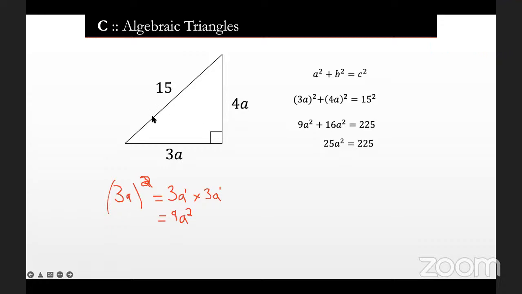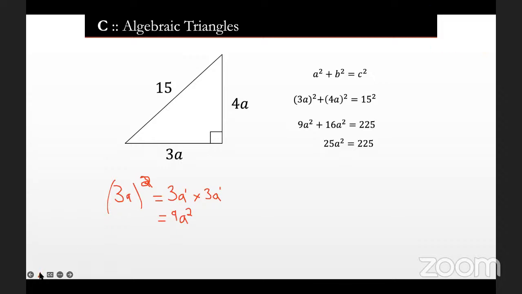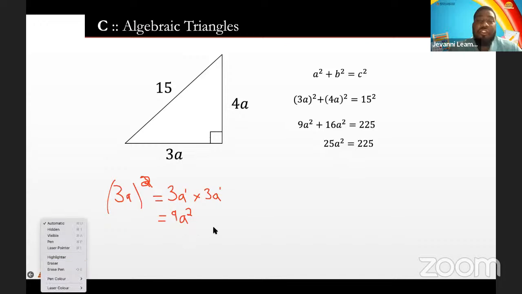Why did you multiply? I was talking about the 25, Troy. So what he did was square it, because it says 25a squared.